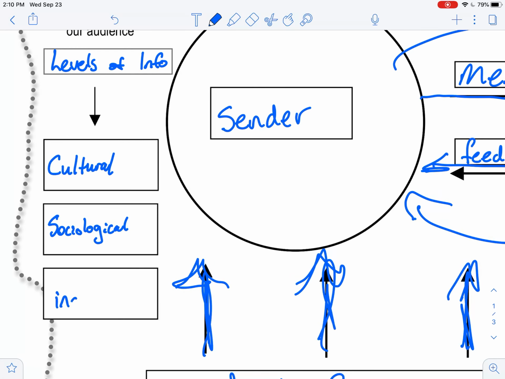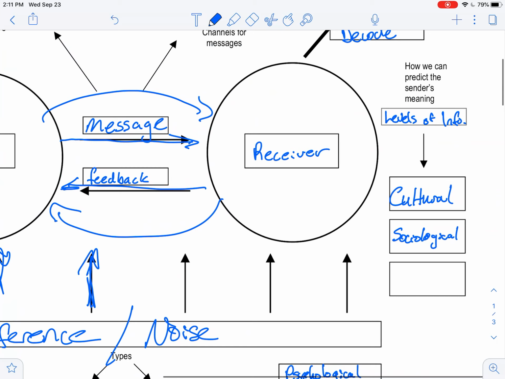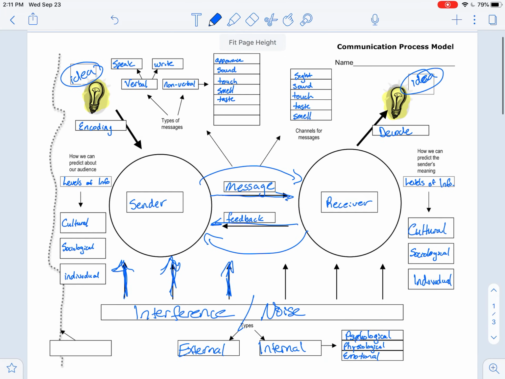And then the last one's individual. Your individual level of information, your individual knowledge base. Let's say I started this lecture by telling you about everything specifically, and I started with this model. I said, yeah, I remember this model. You'd be like, no, because you never learned it, right?